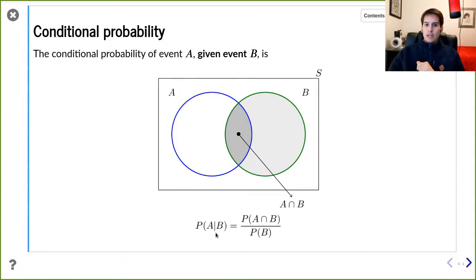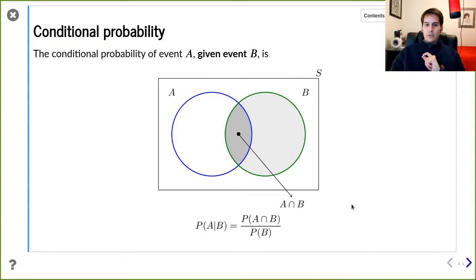And you can already see here that if, instead of the probability of A given B, I put the probability of B given A, the intersection will be the same, and the only thing that changes is the denominator, which will be the probability of A instead.